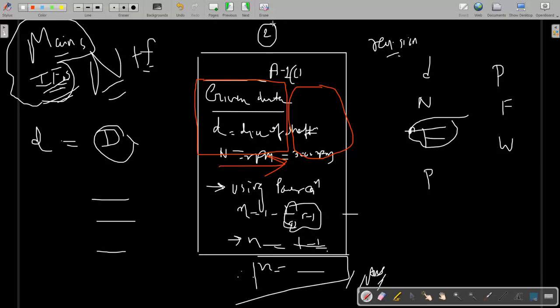And revision means not only opening the book and studying, no, take a rough page and write the theories roughly. For example, there is a performance curve, that is constant head curves and constant discharge curves.